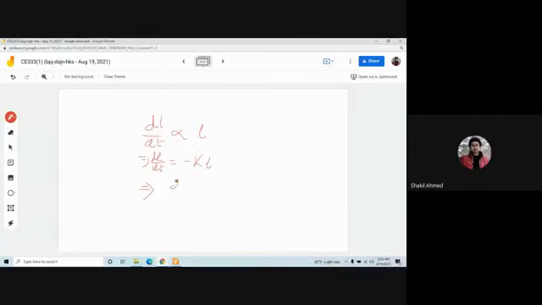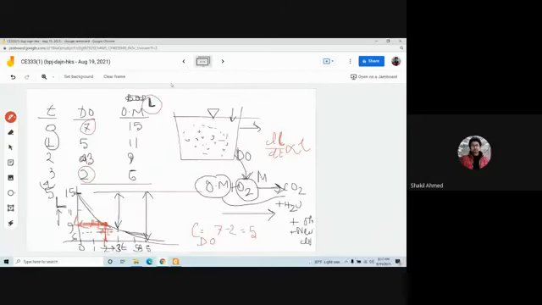Now you can write dL by L equals minus k dt. So if you integrate this, the integral of 1 by x dx is ln L, from initially, what was your value, guys?